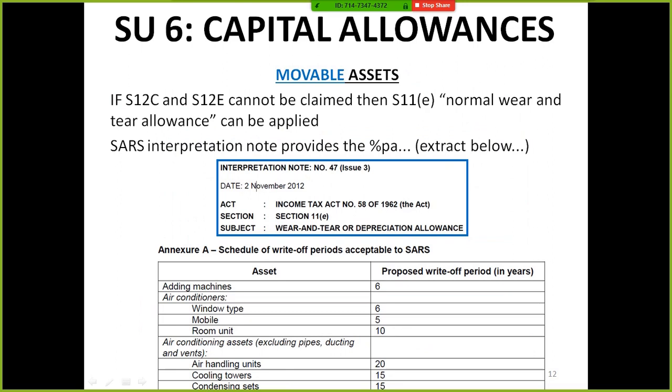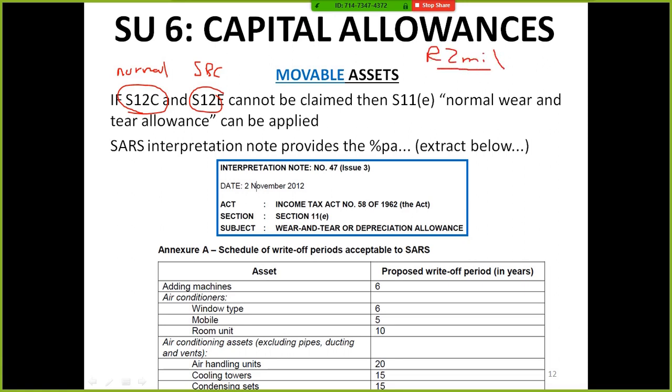So I've just put a little note here. If section 12C, in other words, the SBC is this one and the normal is that one. If I've bought an asset and I've been able to claim a capital allowance, for example, I'm going back to that 2 million rand bottling machine.